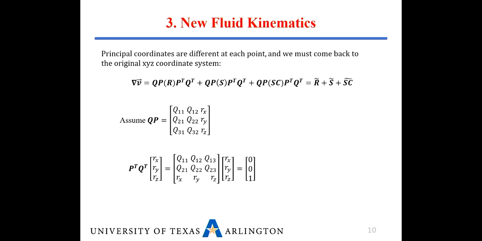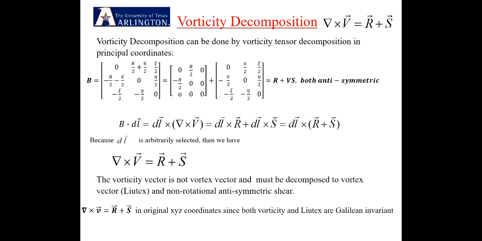But here, this S is the traditional S, anti-symmetric. It's different from the triple decomposition, where S is not anti-symmetric. Maybe I didn't explain clearly, so it caused some confusion.